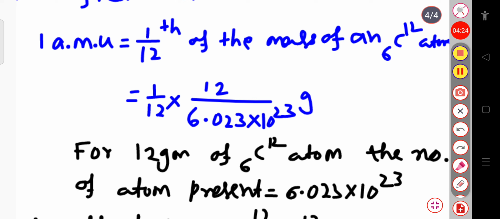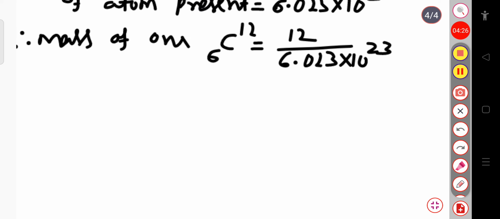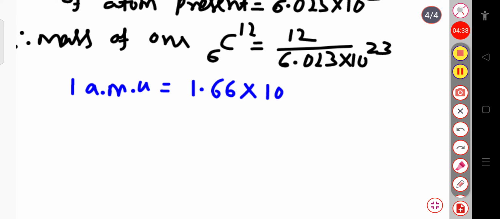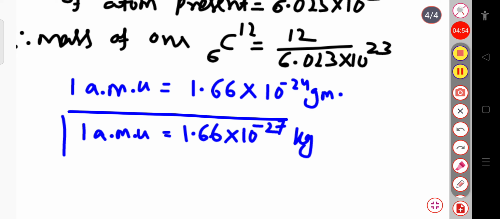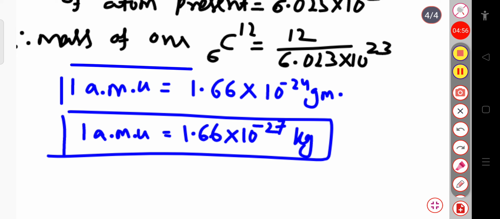If I solve this, then 1 atomic mass unit is equal to 1.66 into 10 power minus 24 gram, or it can be written as 1.66 into 10 power minus 27 kg. So this is the basic unit of the nuclear mass, or you may say your atomic mass unit.